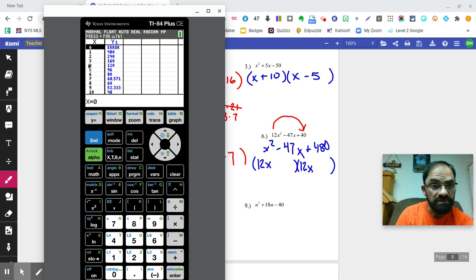So let's find factors that add to get negative 47. As I scroll down here, I'm not finding them yet. 15 and 32 can give me 47. Since I want negative 47, they would both have to be negative. Negative 15, negative 32.